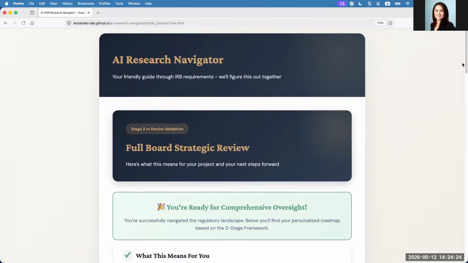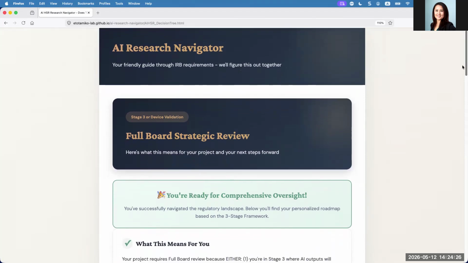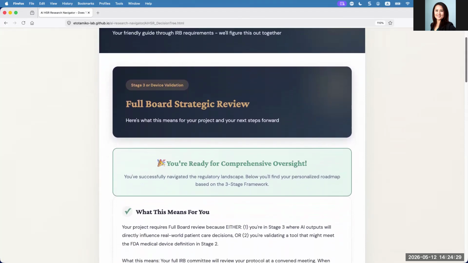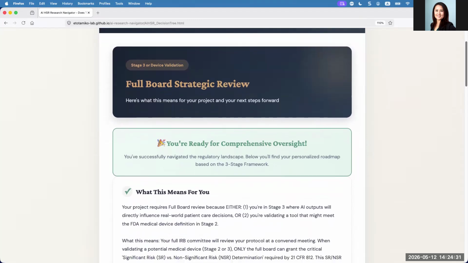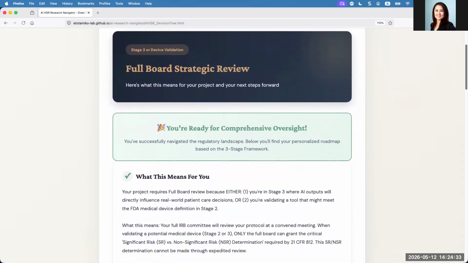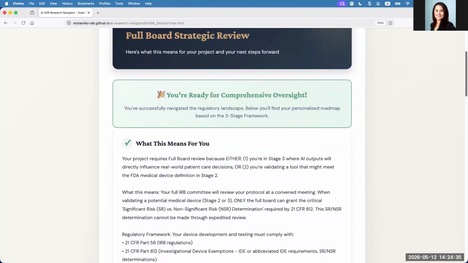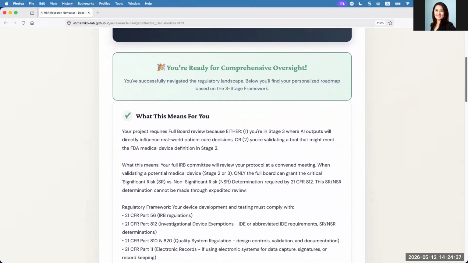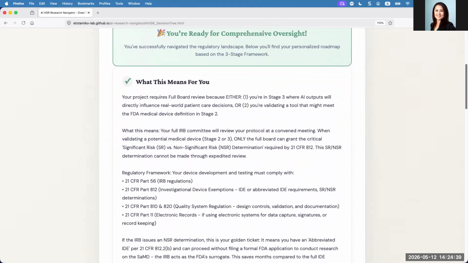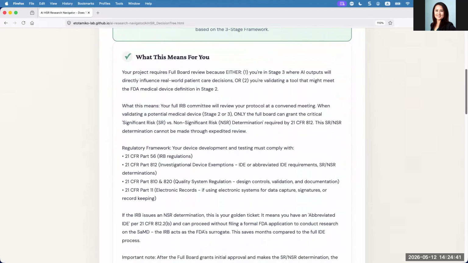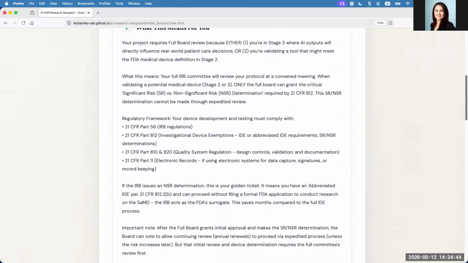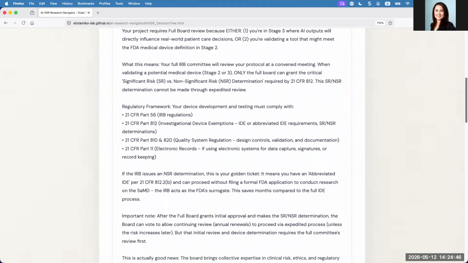All right, so here is our final determination. Full board is required. Notice how it explains what this means in plain language first, and then it provides the regulatory framework. So you see all these CFR citations: 21 CFR Part 56, 812, 820, Part 11.